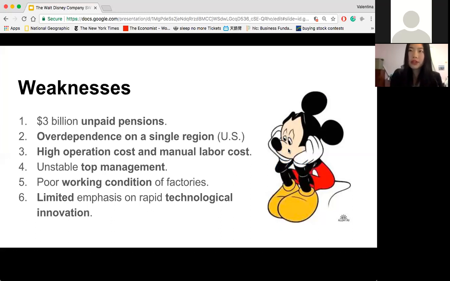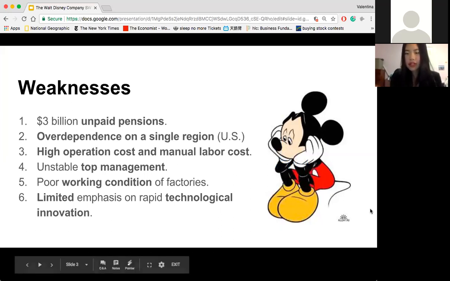A lot of people know that Disney is from the US, and it has one location in Florida and one in California, so a lot of its revenue depends on the US. You might wonder, doesn't Disney have a location in Paris, and two locations in China, in Shanghai and Hong Kong? So why are they overdependent on the US? Well, that's one of the problems Disney has.